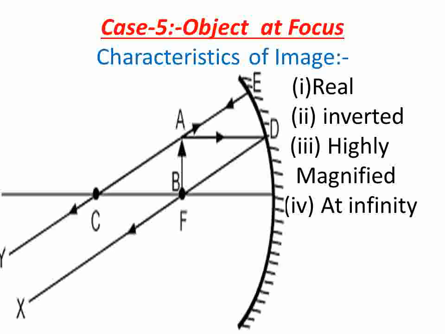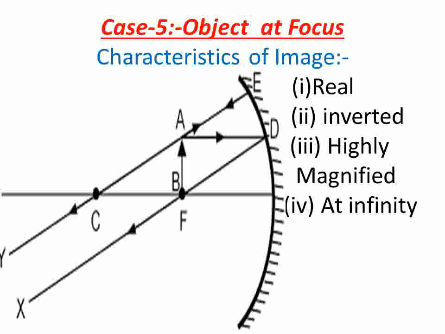These two rays become parallel to each other. Parallel rays always meet at infinity. Therefore, the image is formed at infinity.